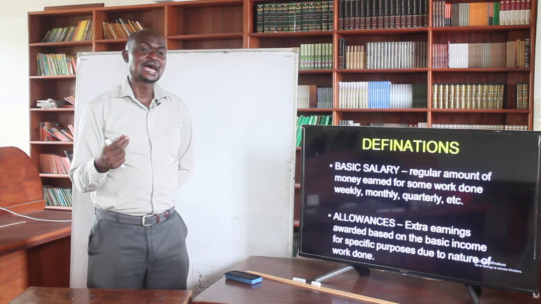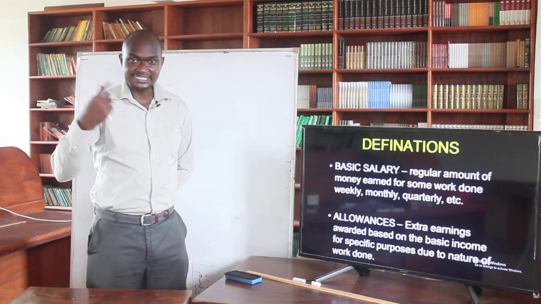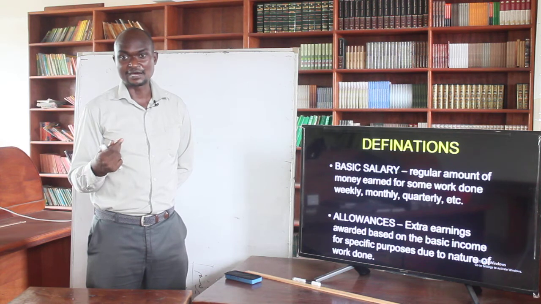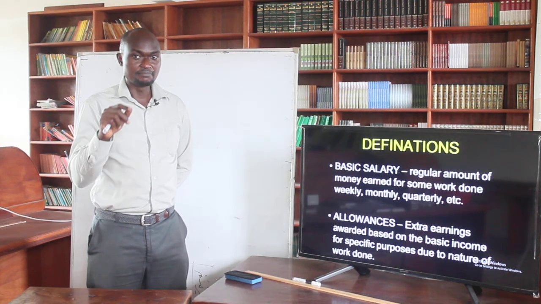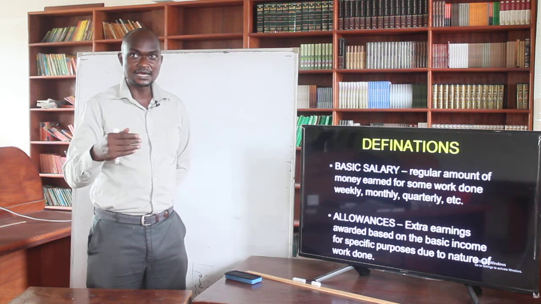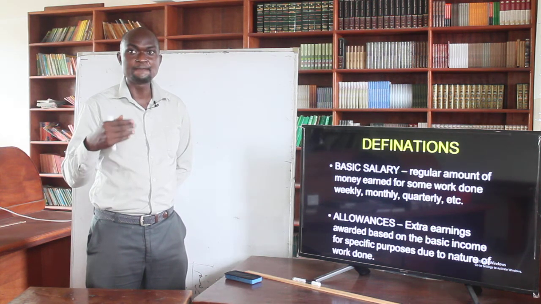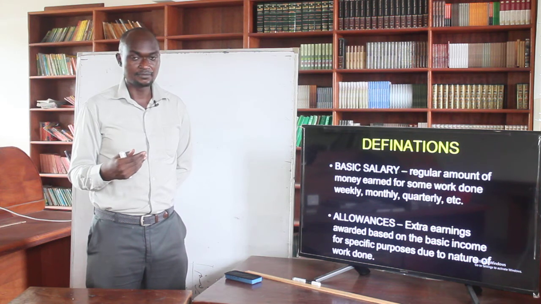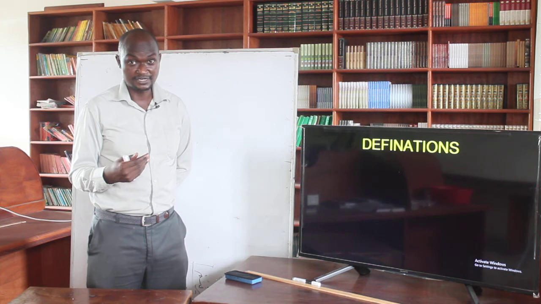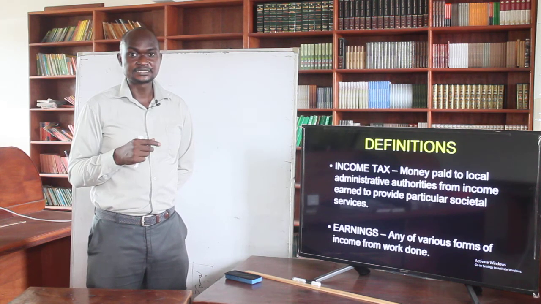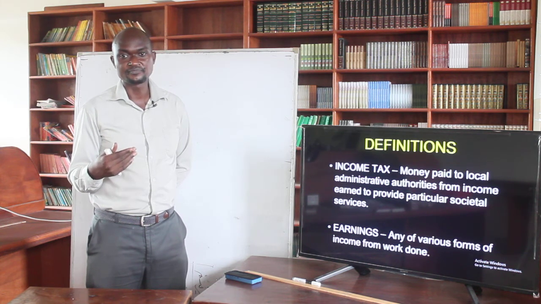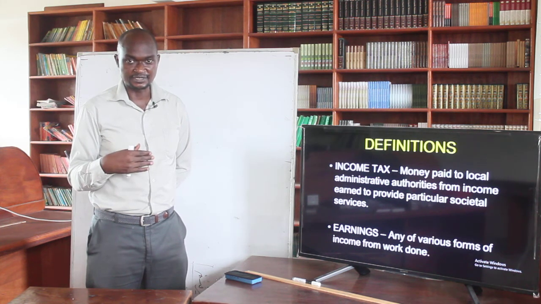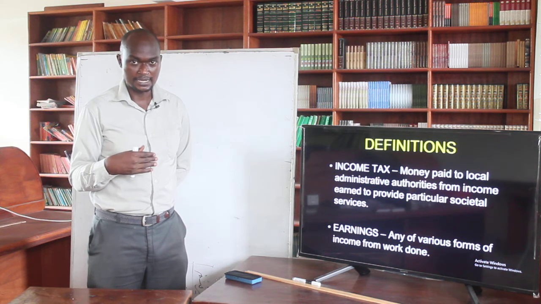We have talked about allowances, extra earnings that are awarded on the basic income. Basic salary is the regular amount of money earned periodically for work done or service offered. Earnings is any of the various forms of income that is obtained from the work done.